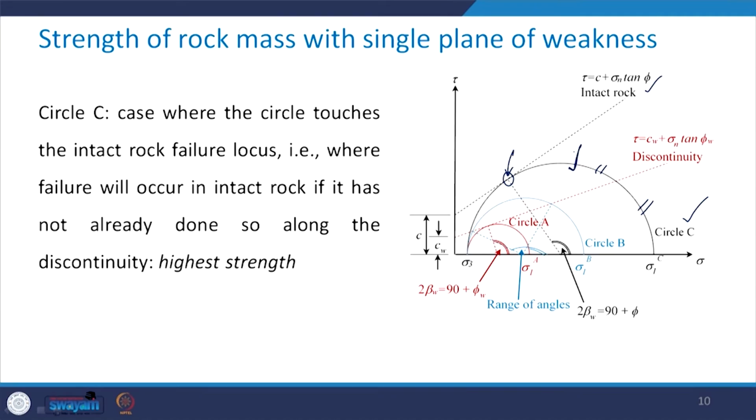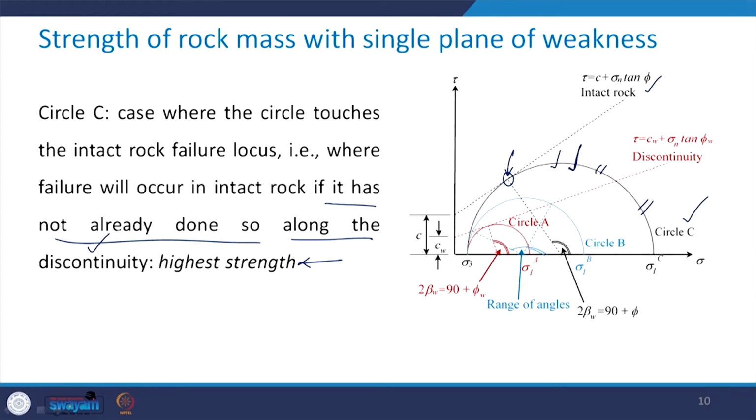So in that case, to represent that state of stress, this Mohr circle will be helpful, and in that case you are going to get the highest strength. And that is why here it is written that corresponding to this circle, the failure will occur in the intact rock if it has not already done so along the discontinuity.